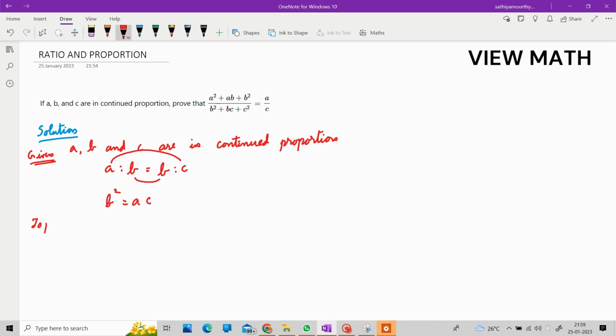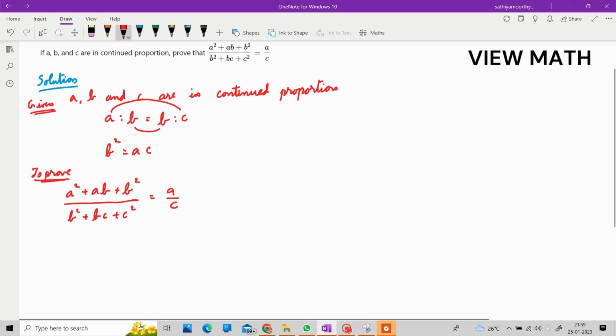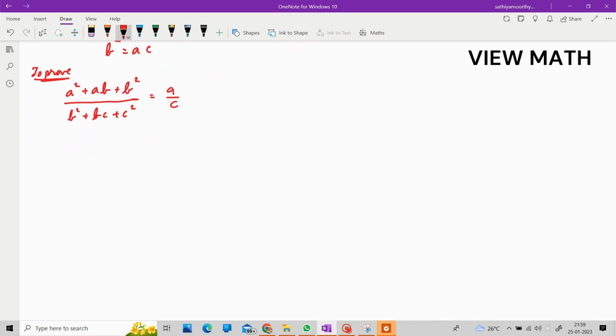Now what they are asking us to prove is, to prove (a square plus ab plus b square) by (b square plus bc plus c square) is equal to a by c. So I'm going to take the left hand side and prove it is equal to the right hand side. Proof: consider the left hand side, that is (a square plus ab plus b square) by (b square plus bc plus c square).